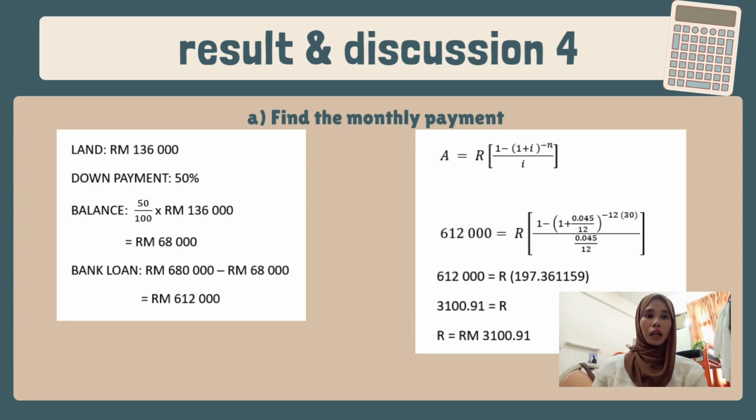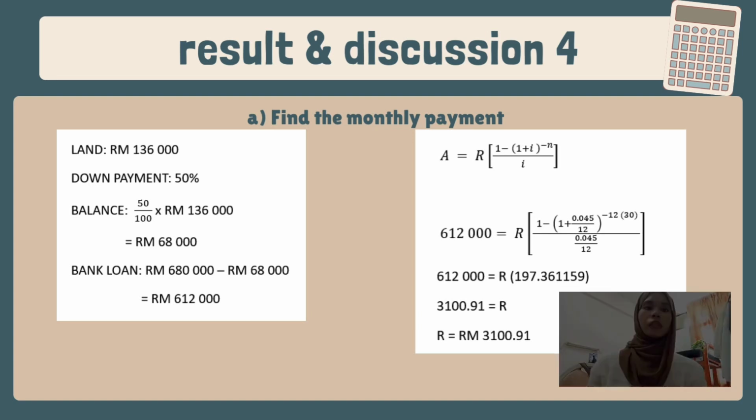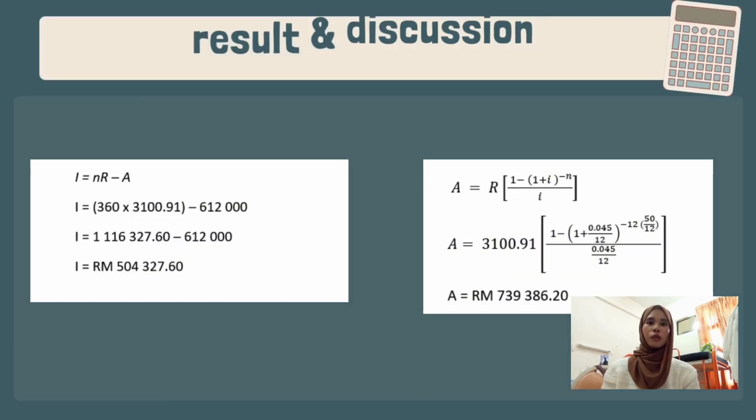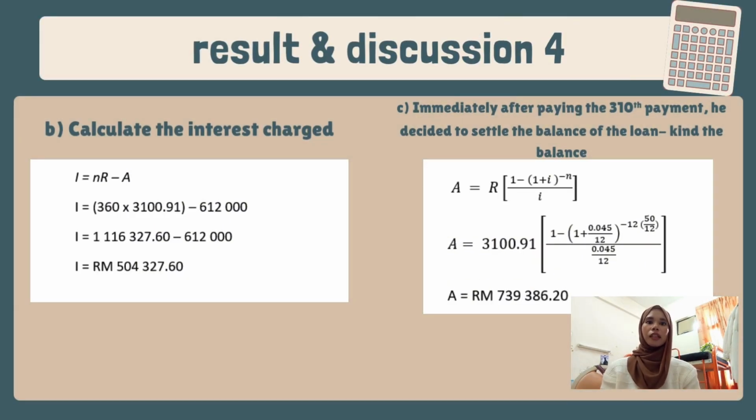After we calculate the amount in the square bracket, the answer is 197.3611159. So we divide 612,000 by 197.3611159, and the answer is 3,100.91 ringgit.